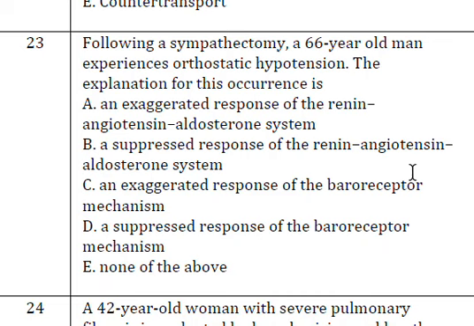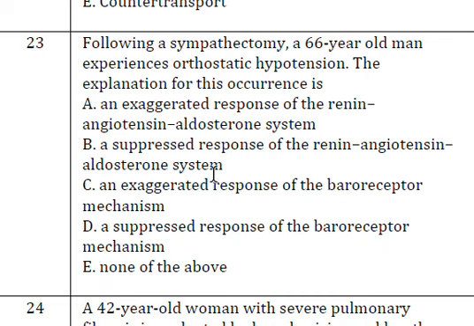And moving on to the 23rd question. Following a sympathectomy, a 66-year-old man experiences orthostatic hypotension. The explanation for this occurrence is A. An exaggerated response of the renin-angiotensin-aldosterone system.